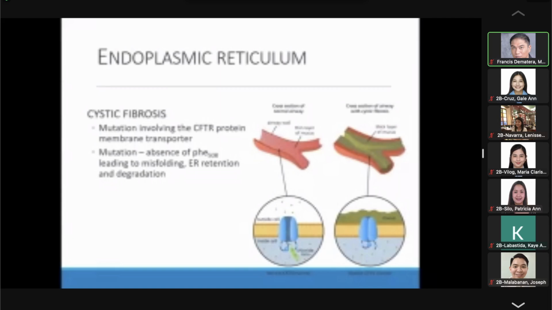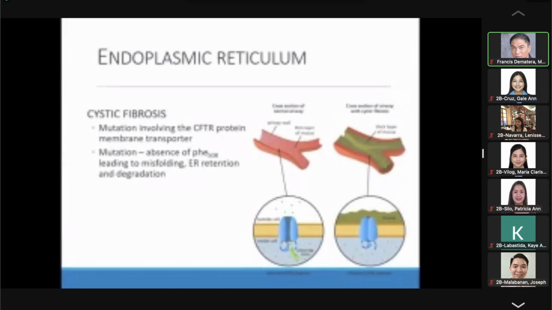The CFTR protein is present in every organ of the body that produces mucus, such as the airways, biliary tree, pancreas, GIT, and sweat glands. Normally, this allows chloride to exit the mucus secreting cells. So water follows the chloride ions, which thins out the secretions.